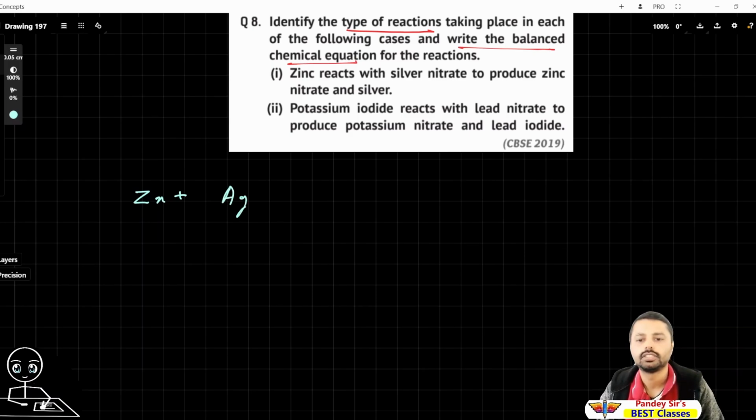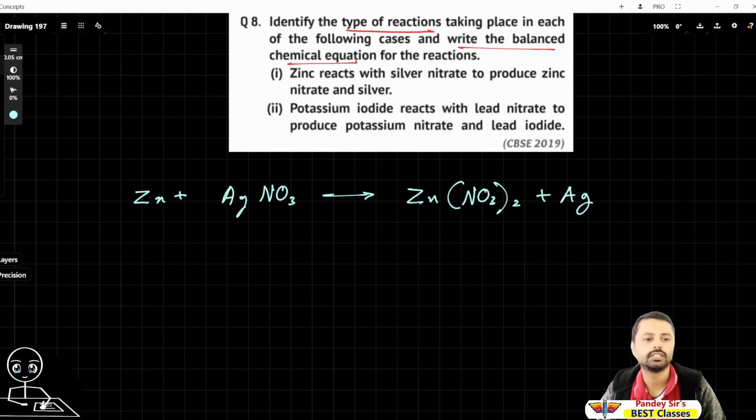AgNO₃. It gives zinc nitrate, Zn(NO₃)₂, plus Ag. Now here it is twice, so it must be twice. Okay, and then 2Ag. So it's done.